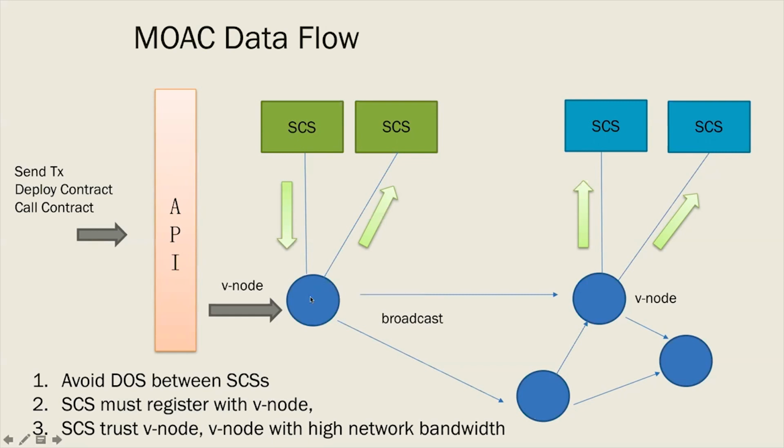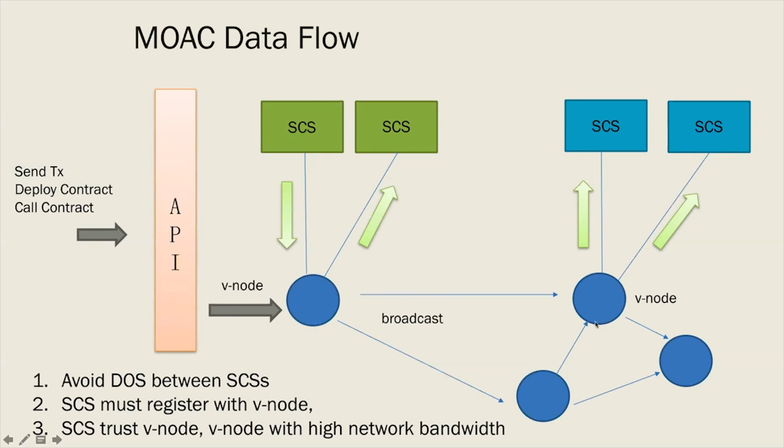Then the vNode needs to broadcast all the information out, so the vNode needs to have high network bandwidth. In this way, the SCS do not talk with each other directly. They have to go through the vNode, which is the mother node.